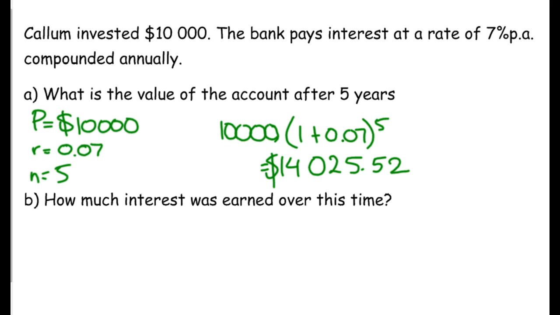Okay, the second part, how much interest was earned over this time? So I started with $10,000 and now I have $14,025.52. So how much more have I made without really doing anything? To do that, we just need to do a subtraction.